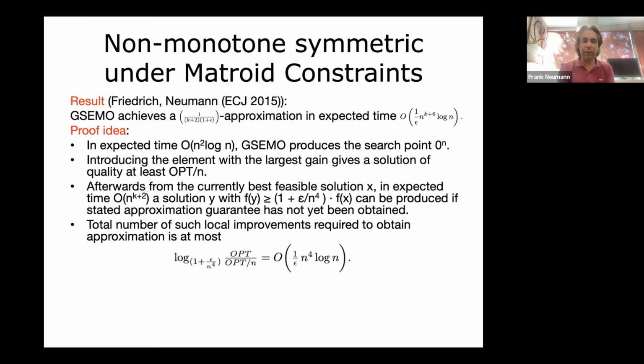So the number of local improvements is essentially the log, where you take the base based on the factor that you can improve, of OPT divided by n. Okay, and then you get essentially the number of improvements. So it also gives you an approximation for MaxCut, although that's of course not optimal, but it gives you a result for MaxCut.